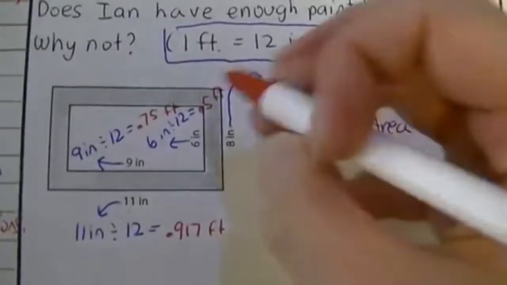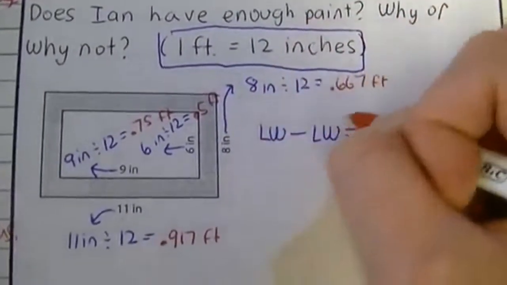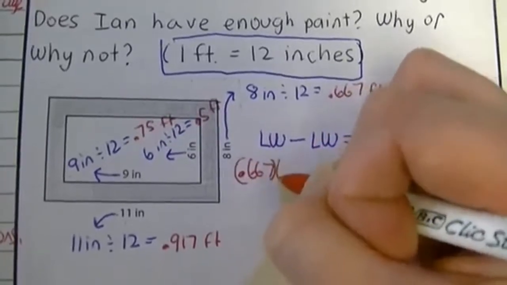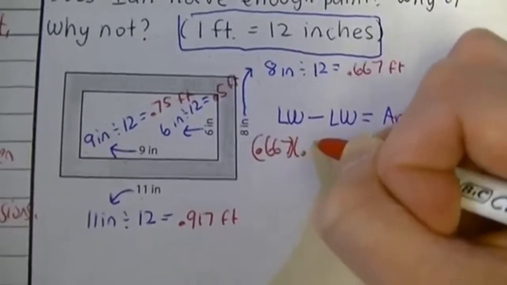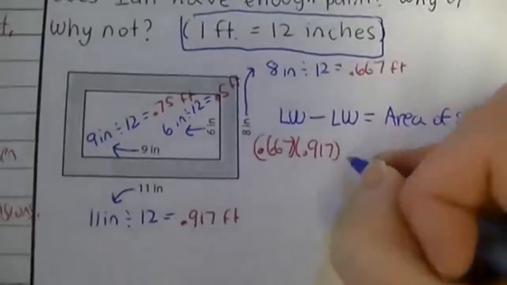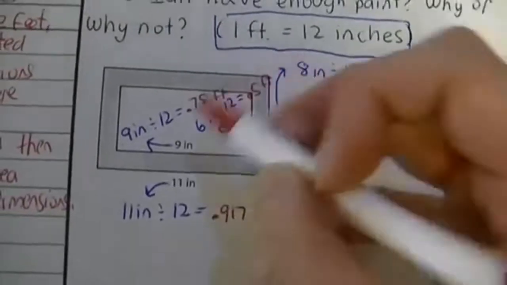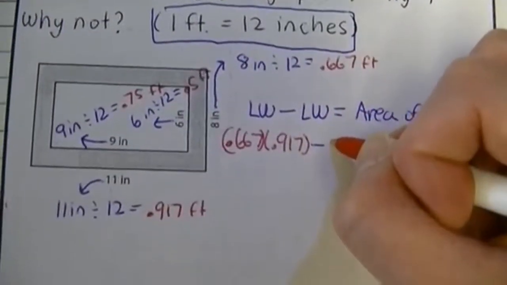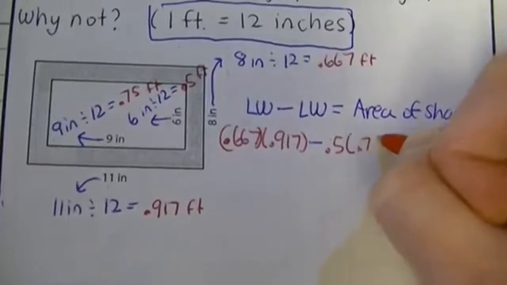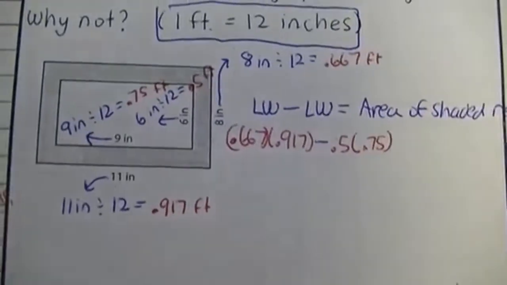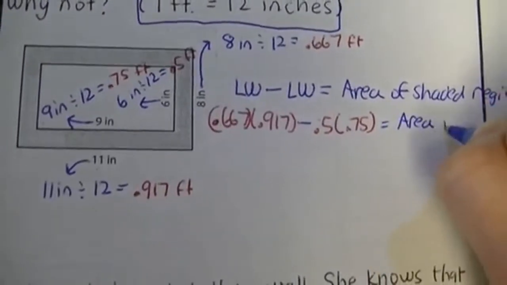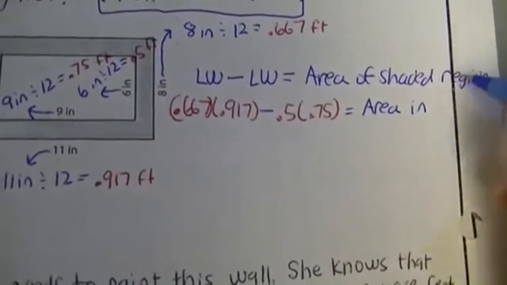So length times width of the larger area, so I'm going to use it in feet. And subtract the area of that smaller rectangle. And that's going to give us the area of the region in square feet.